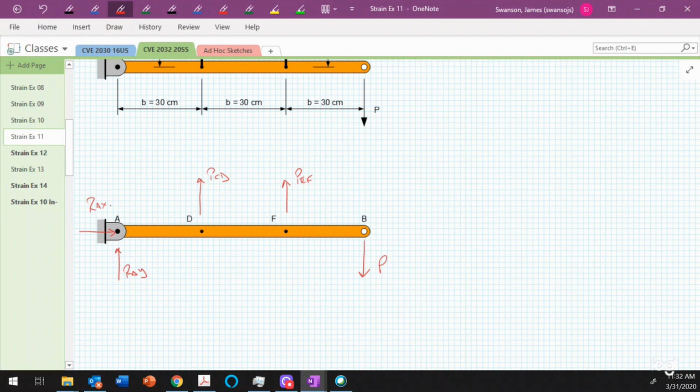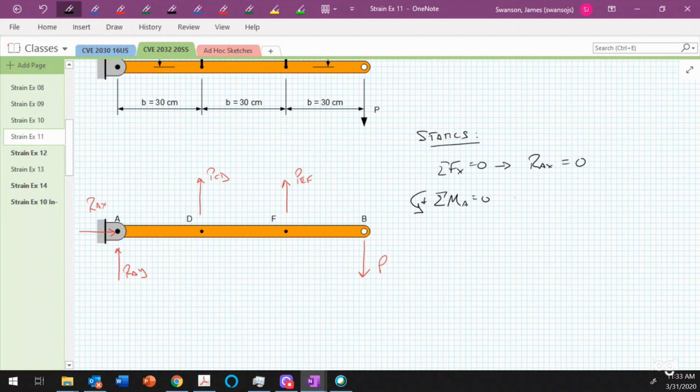So what we can do is look at statics as our first step in this problem. We could take the sum of the forces in the X direction, recognize that that should be equal to 0. And what we get is that R sub AX is equal to 0. Then we could take the sum of the moments, let's say about point A, that should be equal to 0. We'll take that as positive.